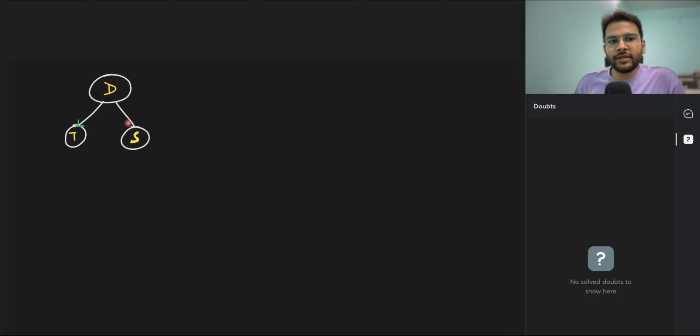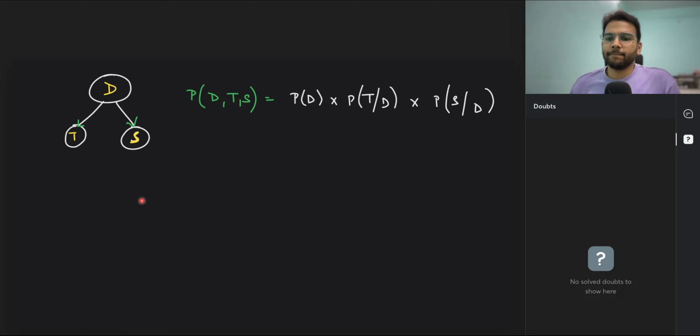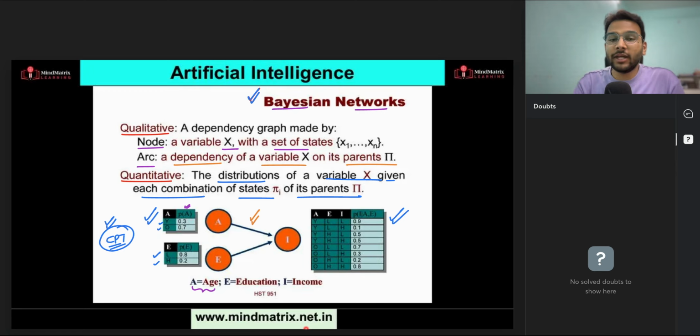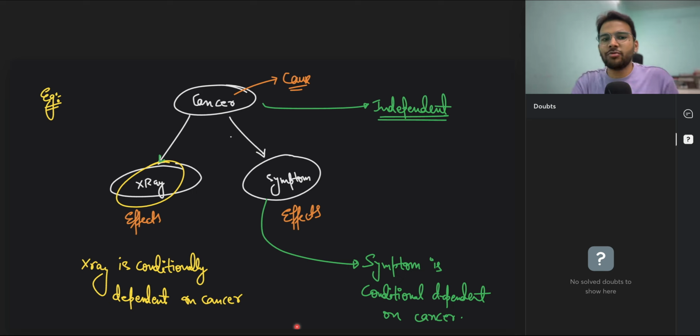If I simply ask you what is the joint probability distribution for this, you will write D, T, S. You will say it is equal to probability of D, because that is completely independent, multiply probability of T given D, multiply probability of S given D. Along with this dependency graph, as I told you, you will have some tables also, CPT, that is conditional probability tables, by which you can use those values and answer it.